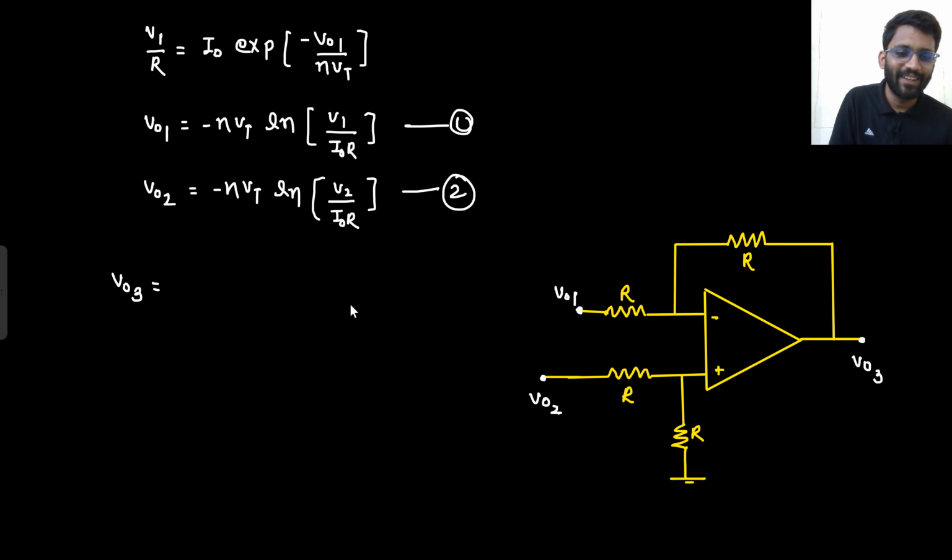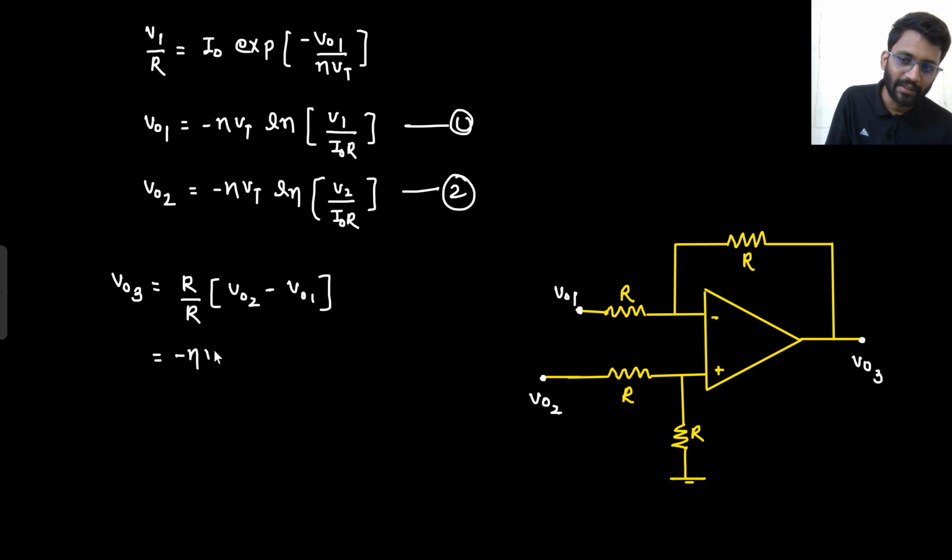So that would be RF by R times V positive potential V02 minus V negative V01. V02 minus V01. So what is V02? V02 is minus eta Vt ln V2 by I naught R, minus V01.